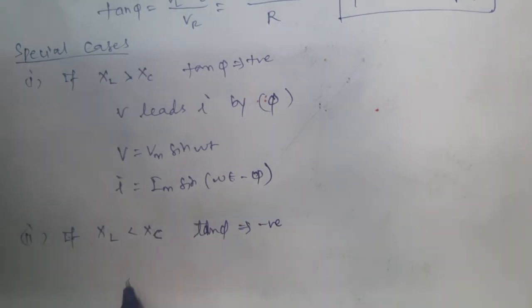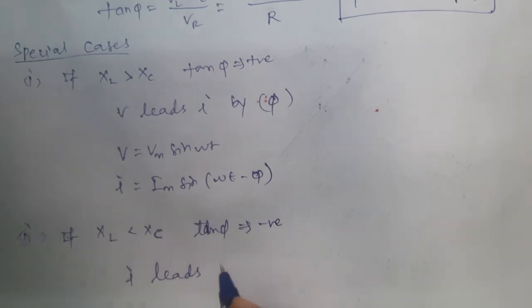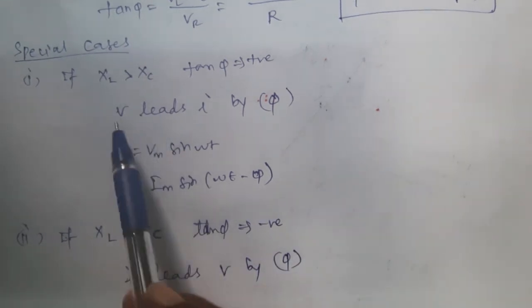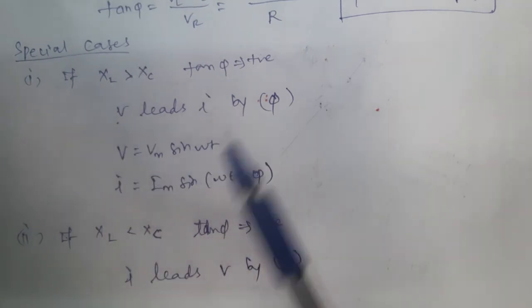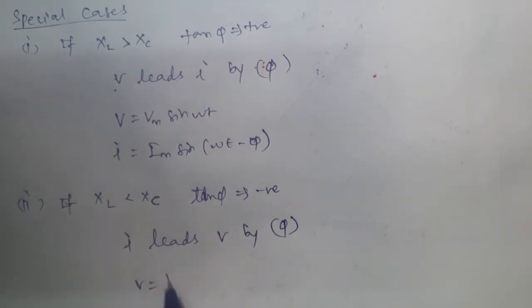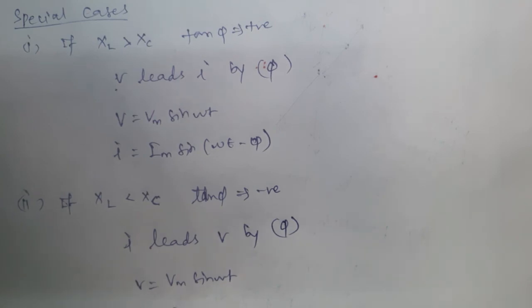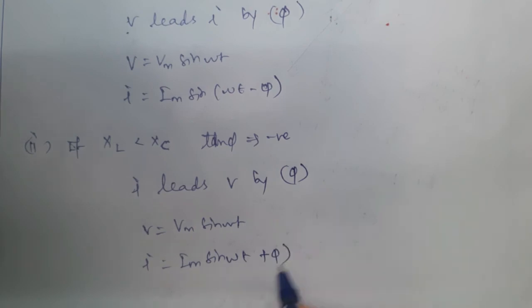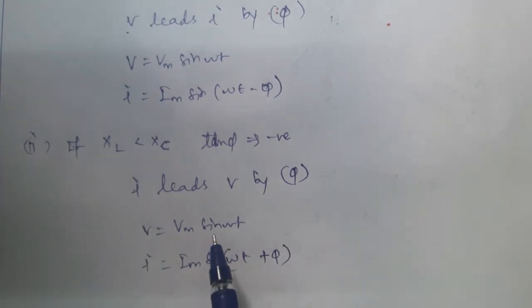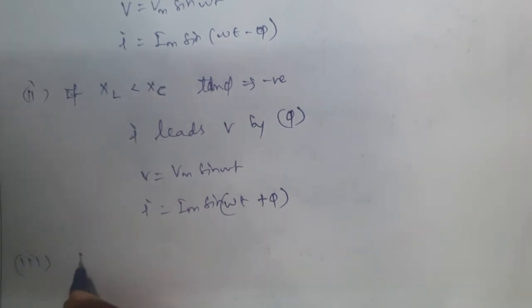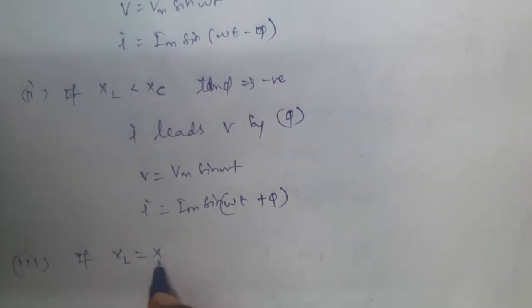In this circuit, I leads V by the phase angle phi. In the previous case V leads I, but here I leads V. So Vm sin omega t as usual, but I is equal to Im sin omega t plus phi, because I leads the voltage.